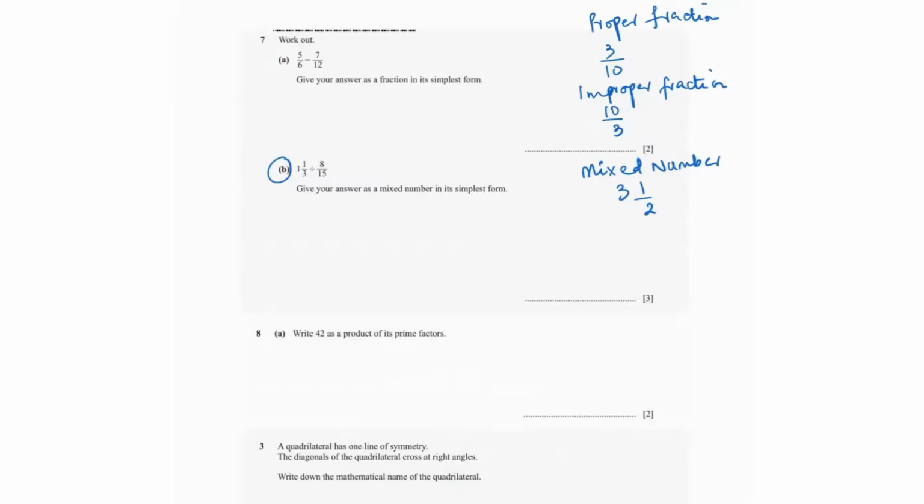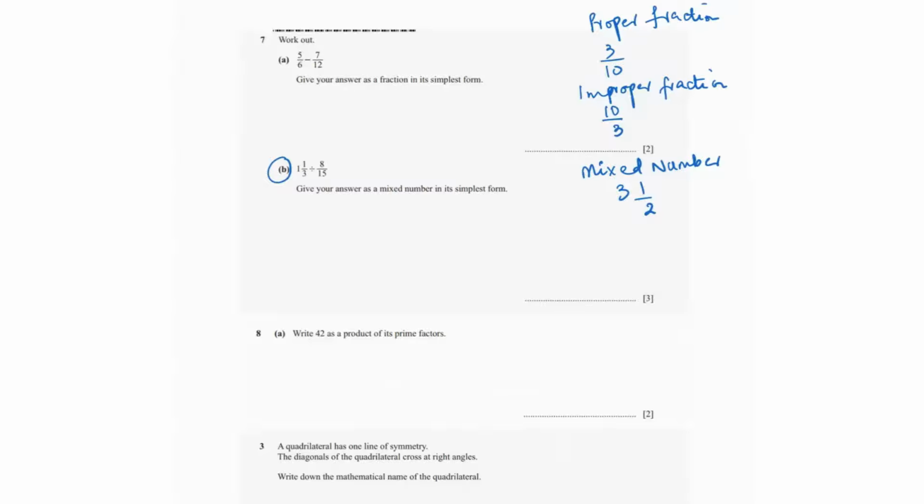Over here, the question is saying 1 whole number 1/3 is divided by 8/15. You have to give your answer as a mixed number in its simplest form. So first, we convert the mixed number into an improper fraction. That is going to be your first step, whether you're adding mixed numbers, subtracting mixed numbers, dividing, or multiplying.